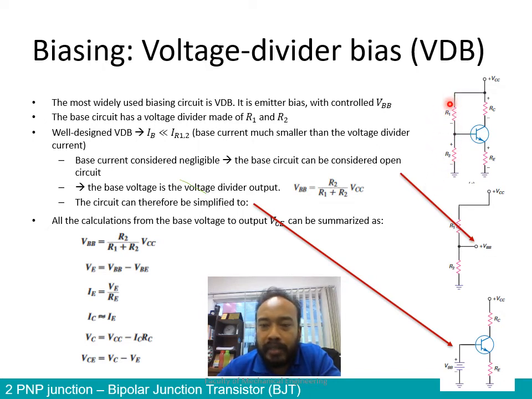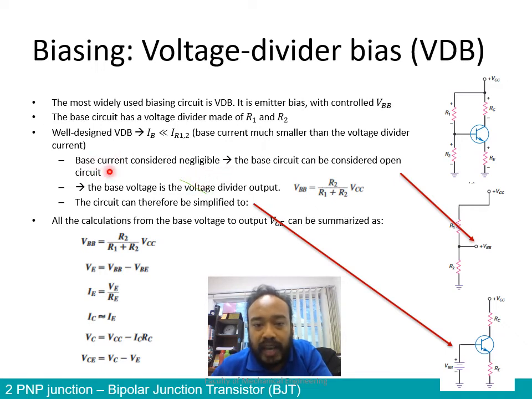In order to do that, you have to calculate the values of the resistors. The resistors have to be sufficiently small so that the current goes mostly through them instead of into the base loop. If this condition is applied, where the base current is much smaller than the current inside the voltage divider, we could consider the base current negligible.